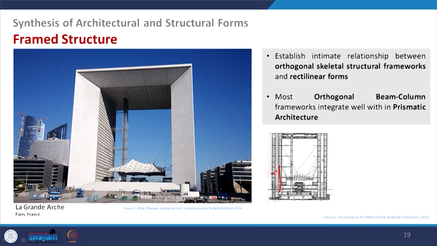This is a very good building, we all appreciate it, but the fundamental thing is it is made with some orthogonal skeleton structure, a beam column combination, and it is sometimes also very easy to make. But nowadays we should not say easy or very tough to create.